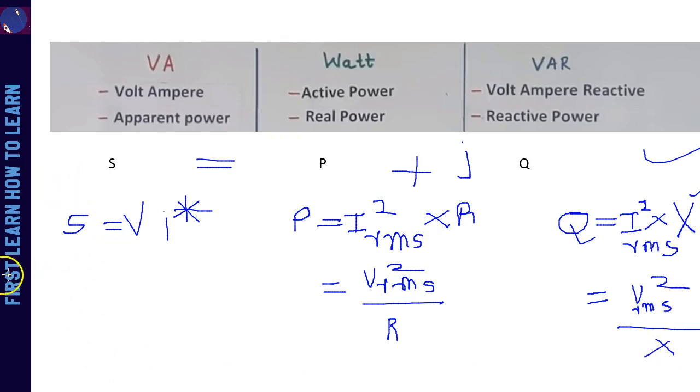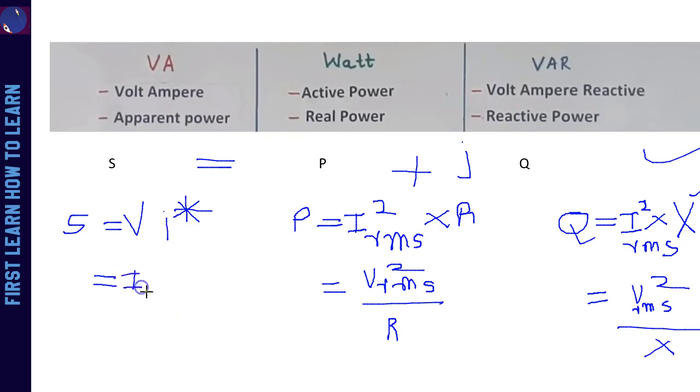So likewise, the formula for S can also be written as, one formula of S is V into I star. So if you see the units also, the units of V is volts and the units of current I is ampere, and hence the unit is volt ampere, voltage into current product.